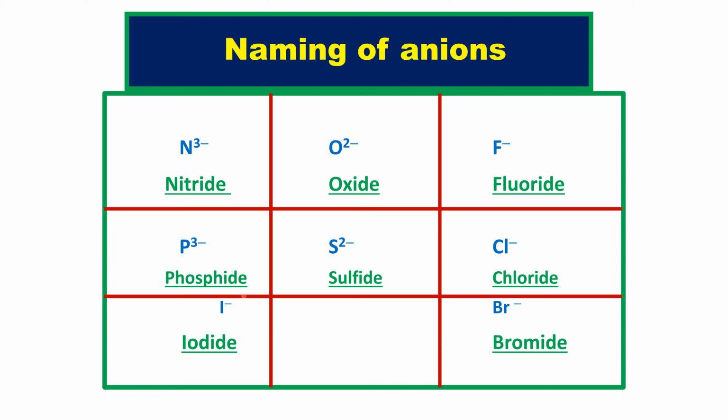P3 minus is known as phosphide. S2 minus is known as sulfide. Cl minus is chloride. I minus is iodide. Br minus is bromide.